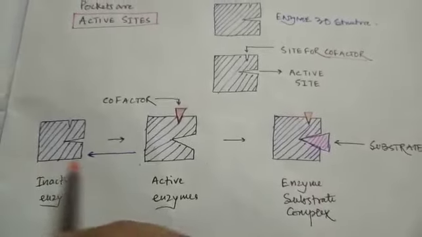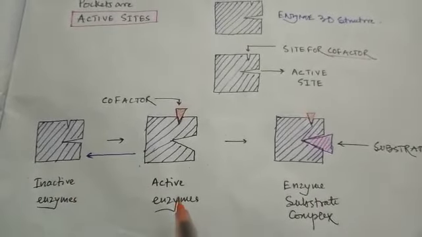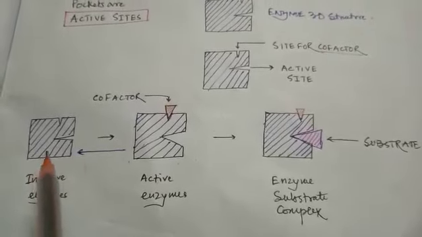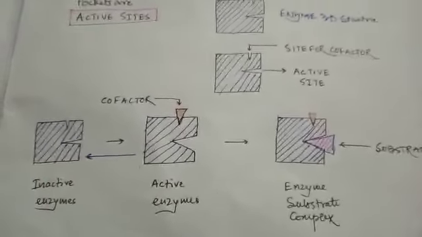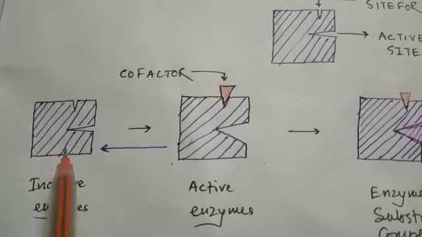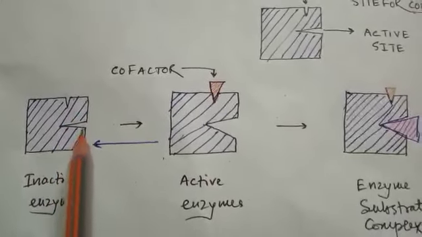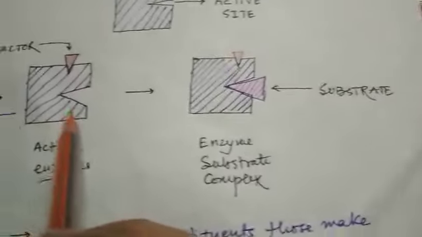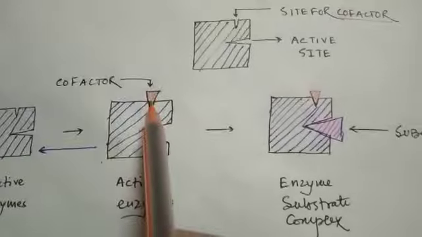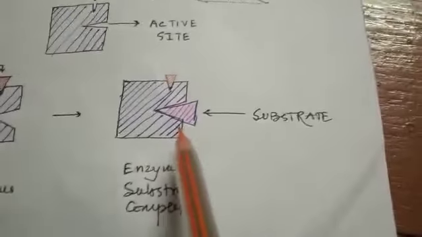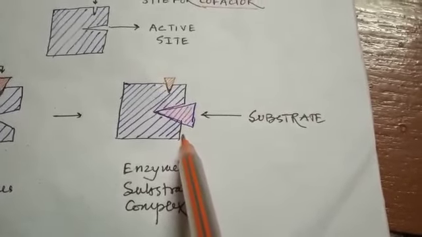So the function of a cofactor is nothing but to make an enzyme catalytically active. In this case, you can see this particular enzyme has no cofactor attached, so it is inactive. Then the cofactor will bind with it, and the enzyme becomes activated. Then it will bind with the substrate, and they will do the rest of the reaction.